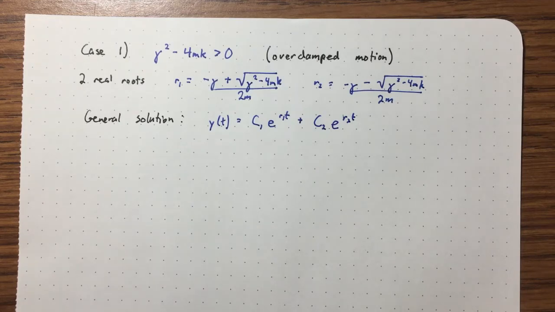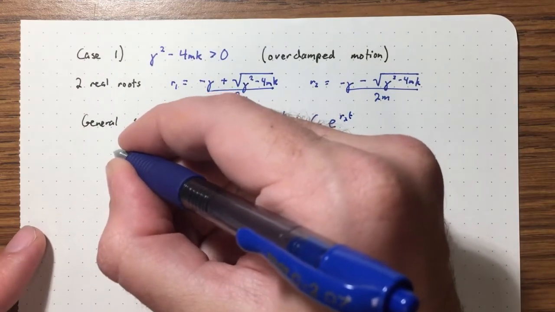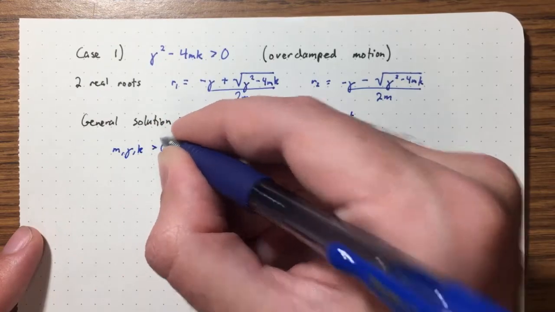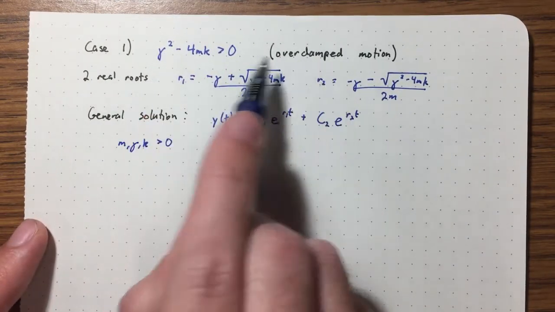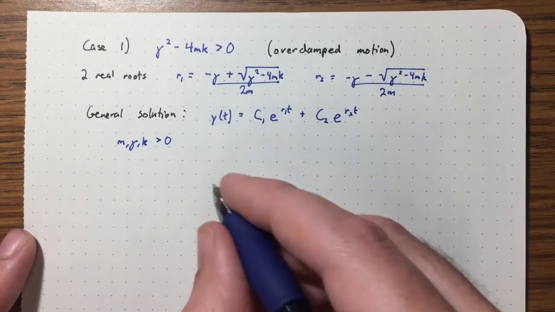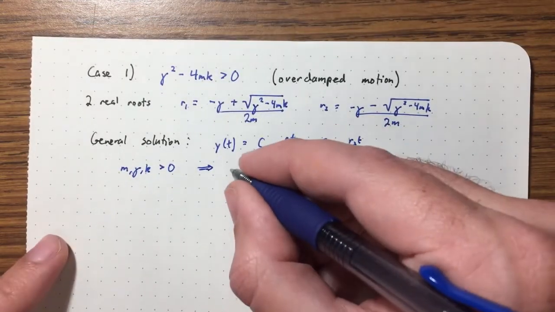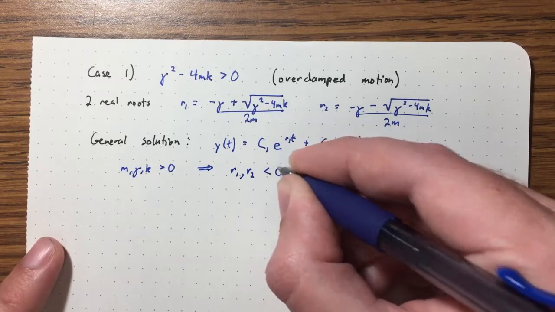Okay, so how is this different than what we did before? Well, we know that m, gamma, and k for the mass spring system are all positive, including gamma, or else we certainly can't have this be positive. Well, it turns out that implies that r1 and r2, both of these roots, are negative.